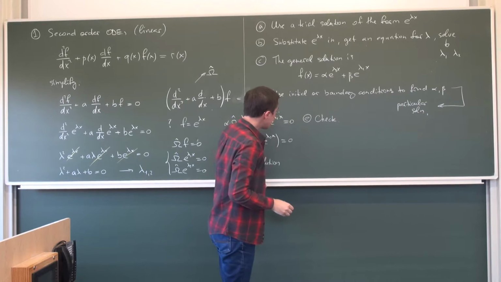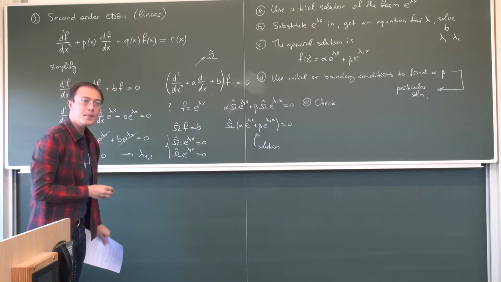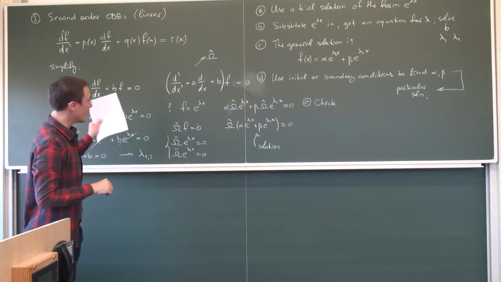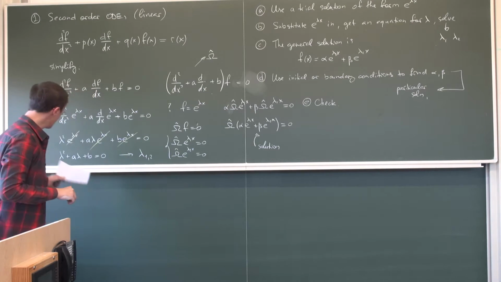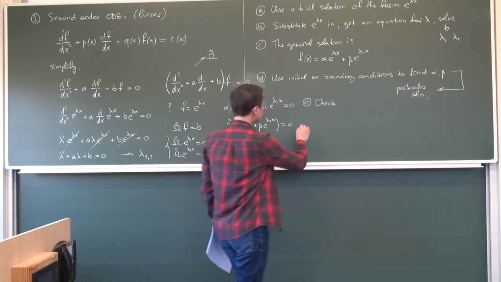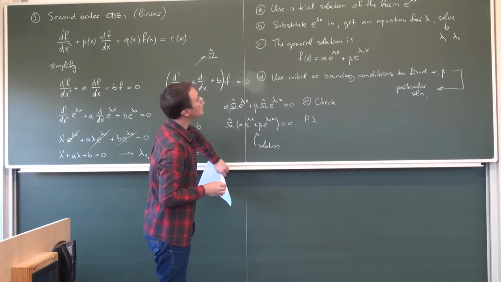Now, this only applies when the two lambdas are different. Now it is conceivable that they might be the same. Sometimes quadratic equations have two identical solutions. So there's a little postscript here, which I will not prove. That really is a long story.